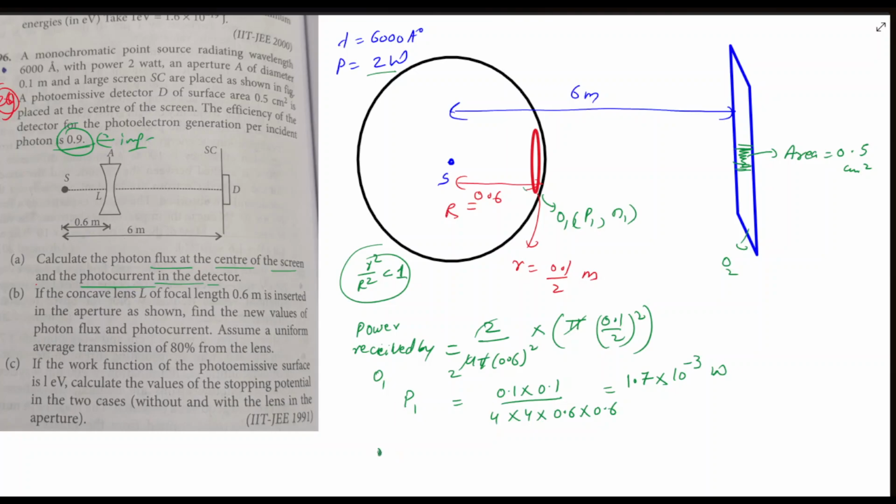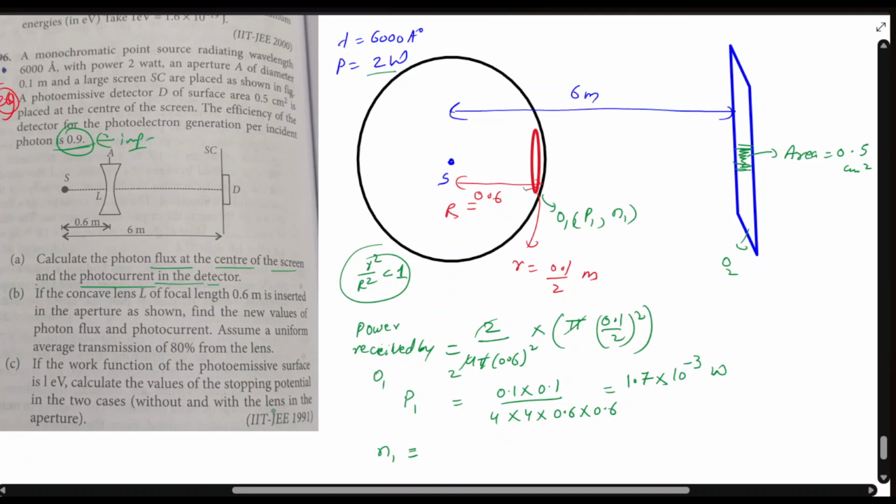Okay, so if I want to find N1, the power is this divided by this. So how much will it be? This will be 4 and this will be 2, so this will be 2.